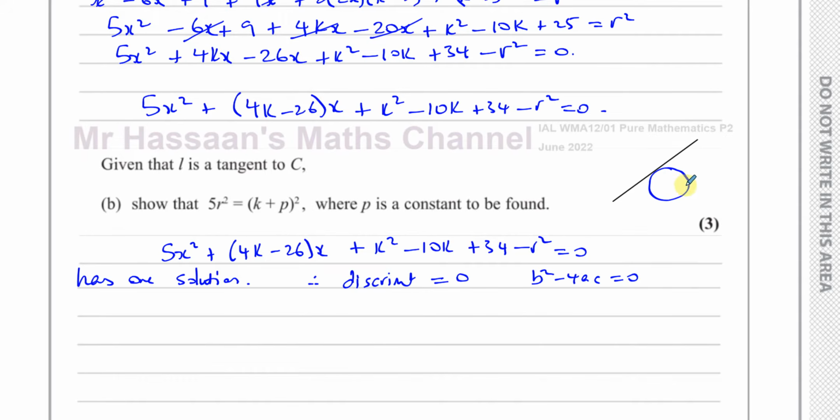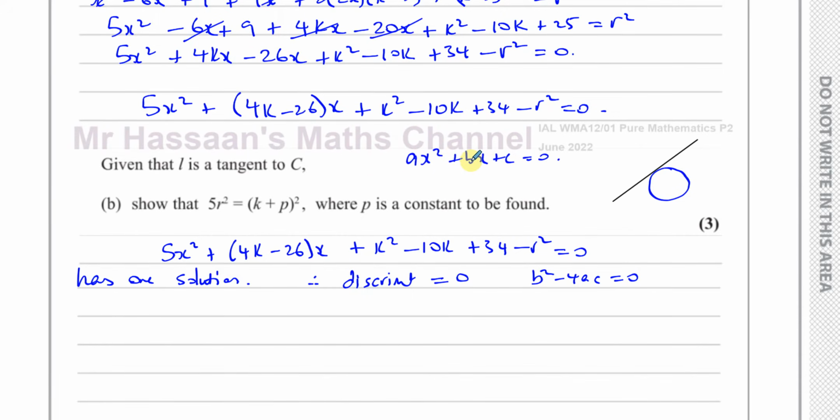If there's 2 solutions, then b squared minus 4ac will be positive. If there's no solutions, b squared minus 4ac will be negative. If there's one solution, a repeated root like we're going to have, then b squared minus 4ac is going to equal 0. Remember, in a quadratic equation you have ax squared plus bx plus c equals 0.